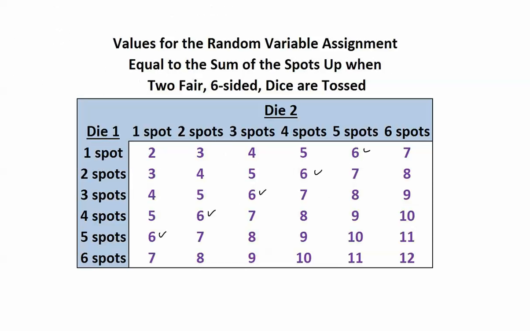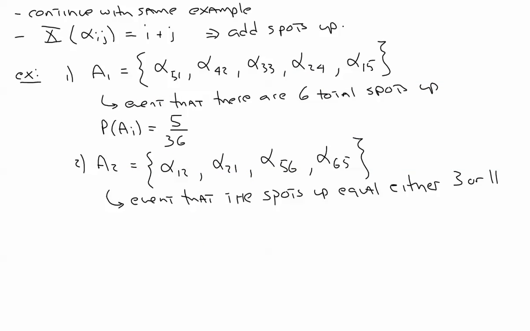Looking back over here, I have 2 ways of having 3s, and I have 2 ways of having 11. All right, my event A2 over here includes all possible ways of getting a 3 or getting 11. I didn't leave anything out. So this event is the event that the total number of spots up is equal to either 3 or 11.